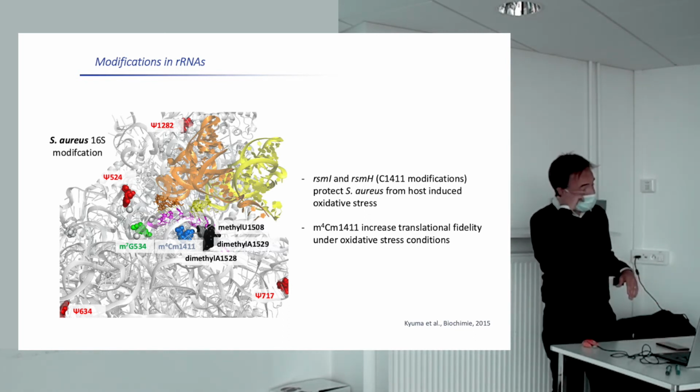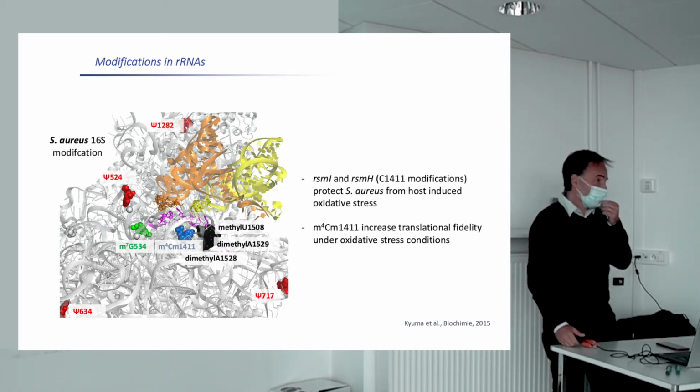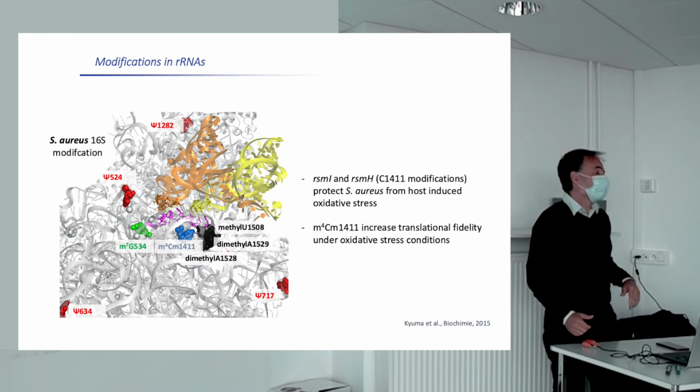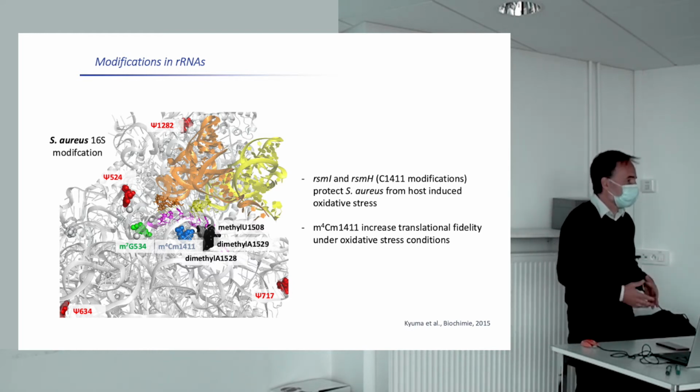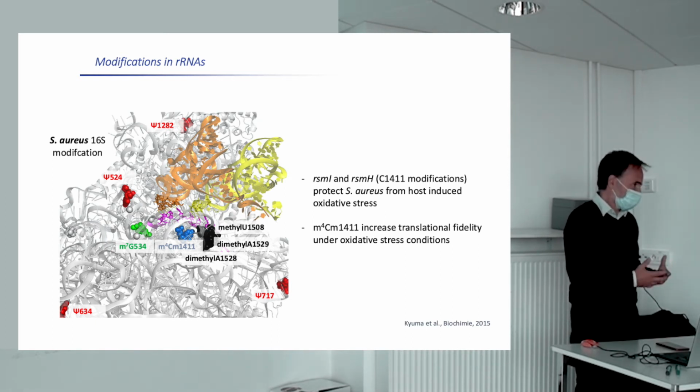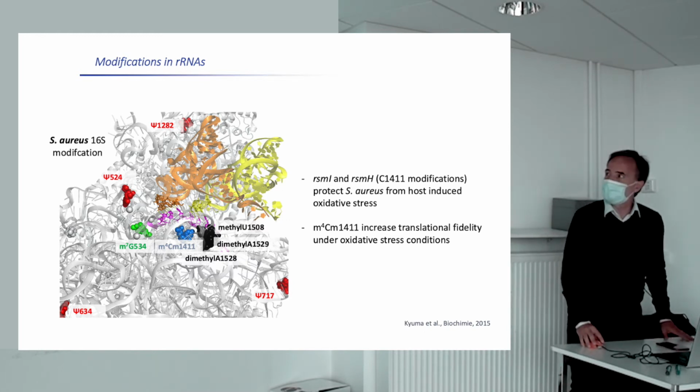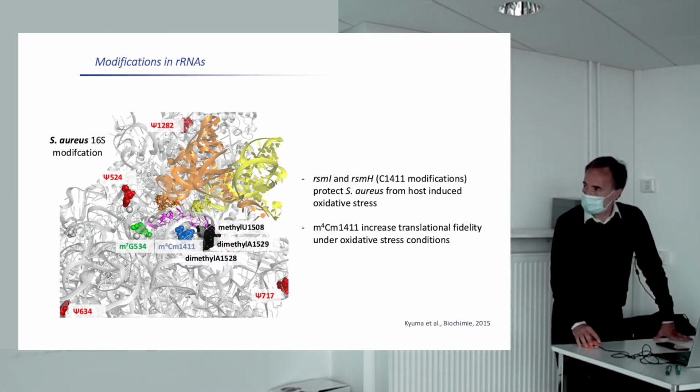This is the 1411 for Staphylococcus aureus, but it is actually the 1402 for E. coli. In the literature, you can find several papers on this nucleotide, and in the majority of cases it is named 1402. But here I'm using the Staphylococcus aureus nomenclature.